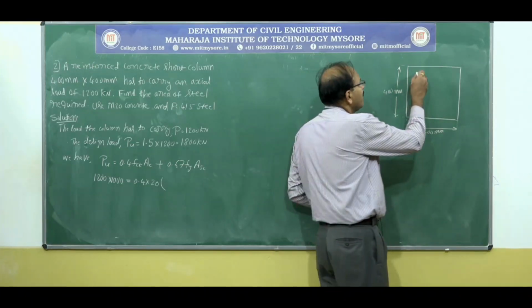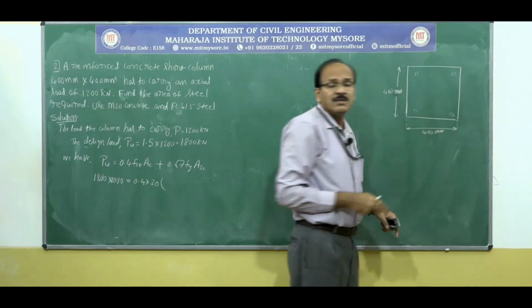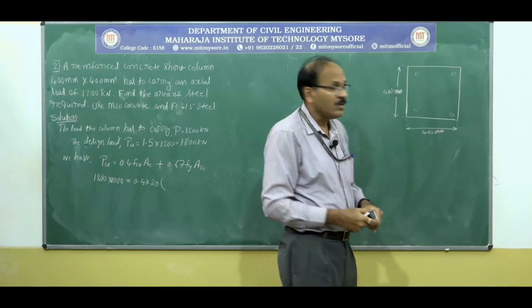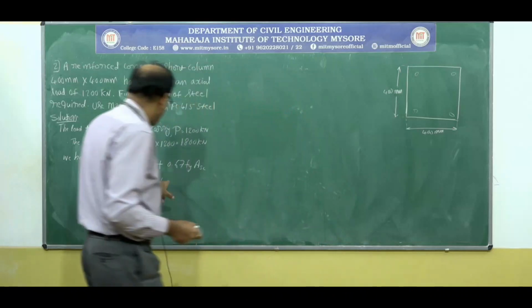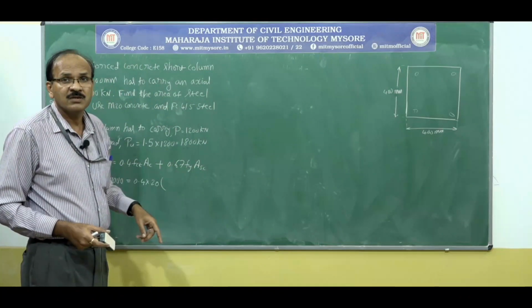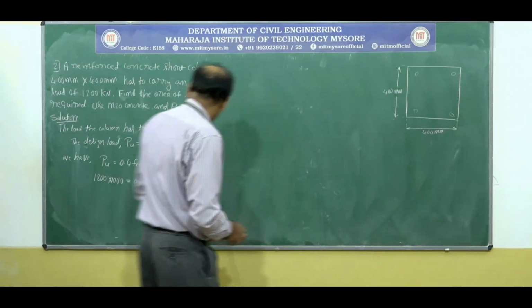We don't know what steel we are going to get here, what area, what diameter, how many bars, what are those diameters, we don't know. But the total area of compression steel is Asc, which we are trying to find out. And the total area of this section is 400 by 400.